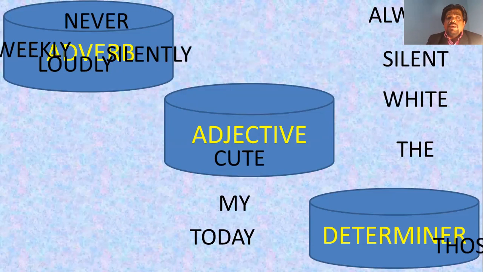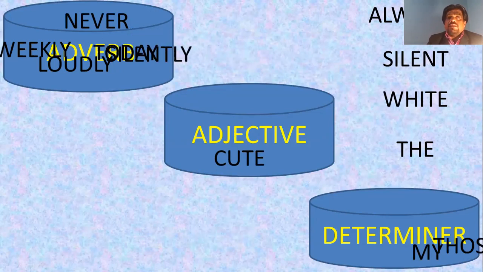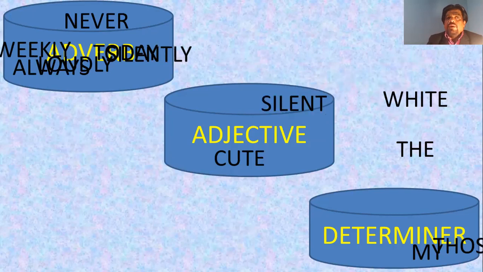And my is a determiner, it's a possessive adjective. And today is an adverb that tells when an action is done. Now comes always. It's also an adverb. Silent, it's an adjective. He's a silent person.